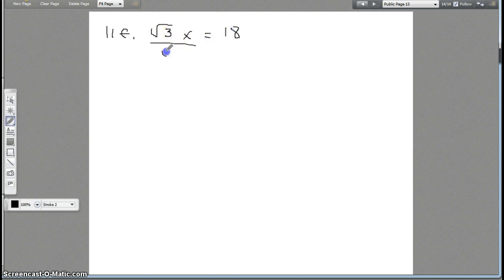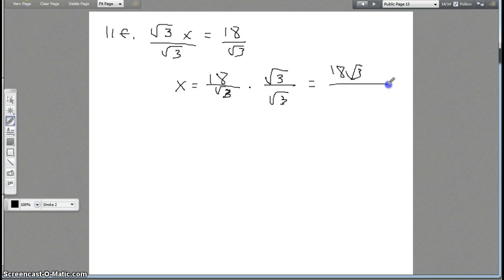What we need to do is divide both sides by root 3. And we get that x is equal to 18 over root 3. To get an equivalent fraction, I can multiply by square root 3 over square root 3. 18 root 3 is our numerator, and our denominator is root 3 times root 3, which is just a 3.